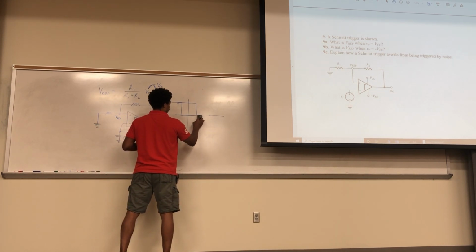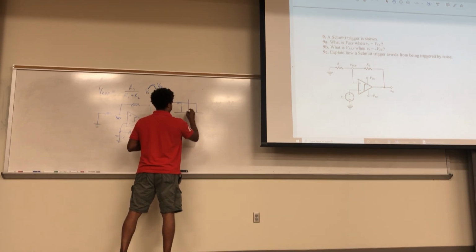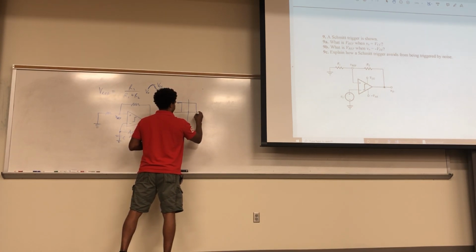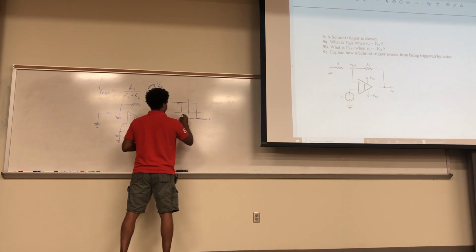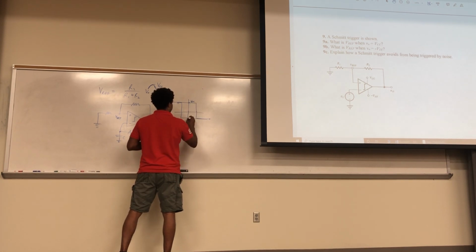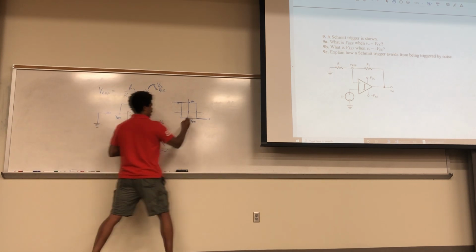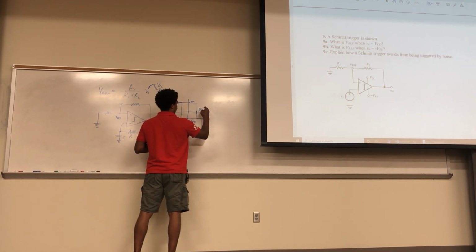This is supposed to go lower too. Like this. So this right here is VCC. This right here is negative VEE. And these values right here are that beta times your Vref, whatever that is.